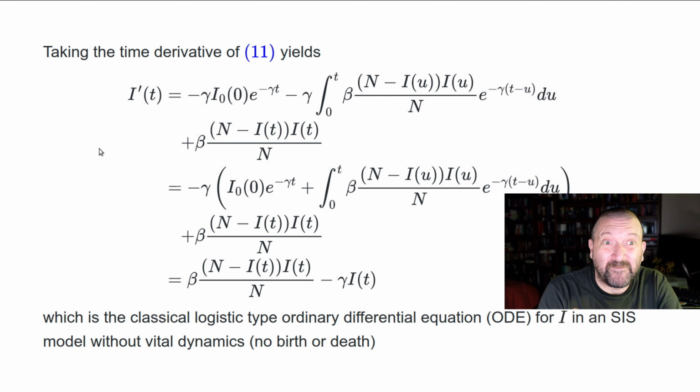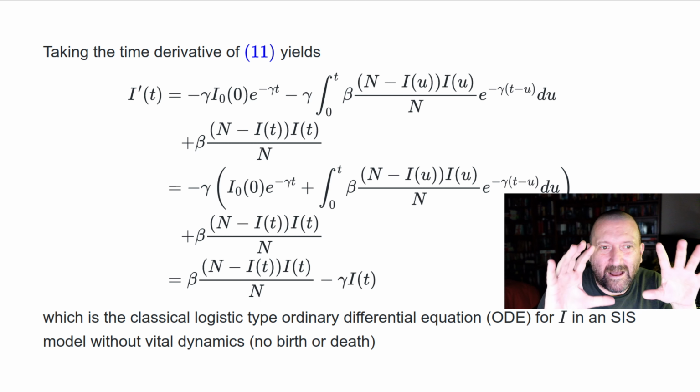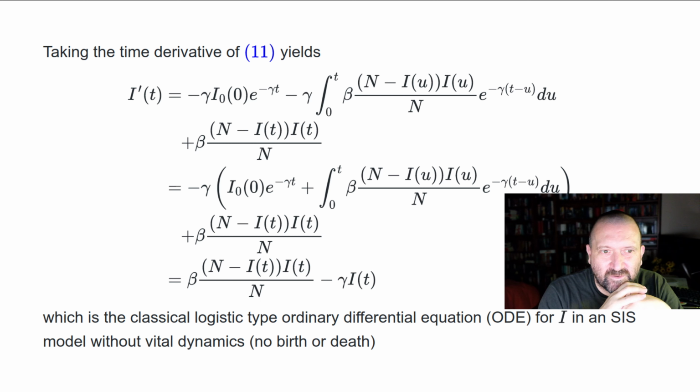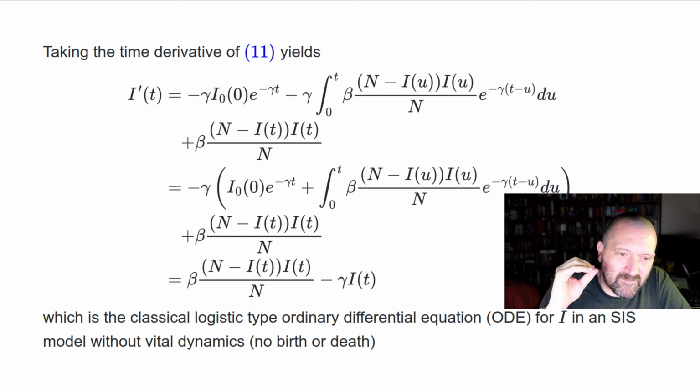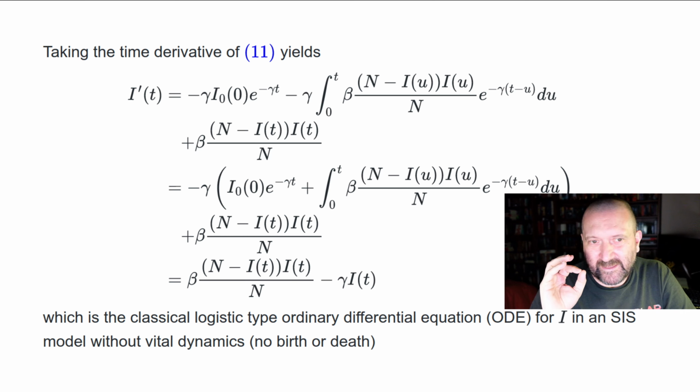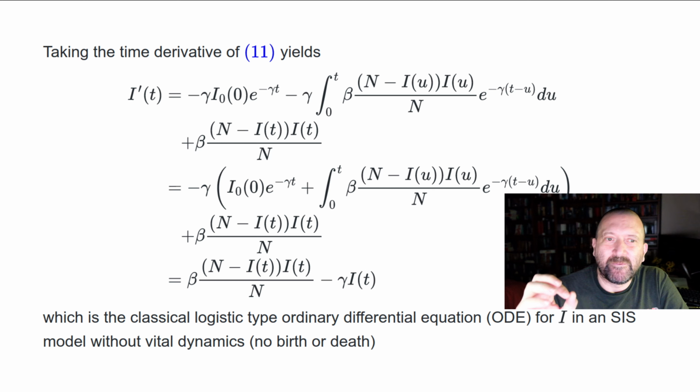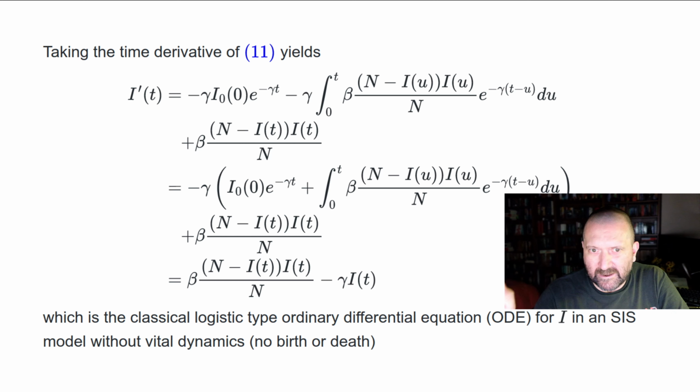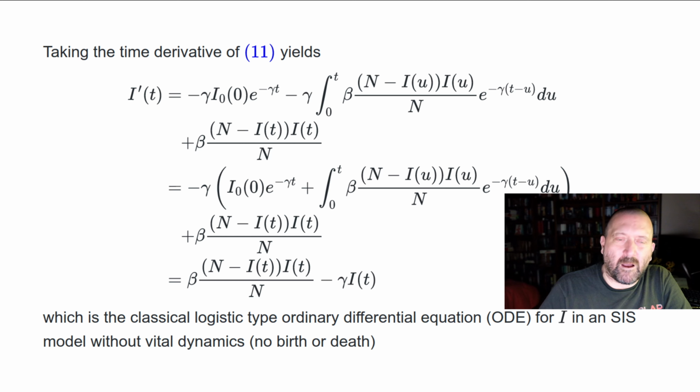I'm observing the same thing as I was observing in the cohort model. So I have a differential equation for the evolution of I that is a very classic one. But that is telling me that when I'm using this model where I prime is equal to beta S i minus gamma I, I am making the assumption that individuals are spending an exponentially distributed time period in the I compartment before they recover.